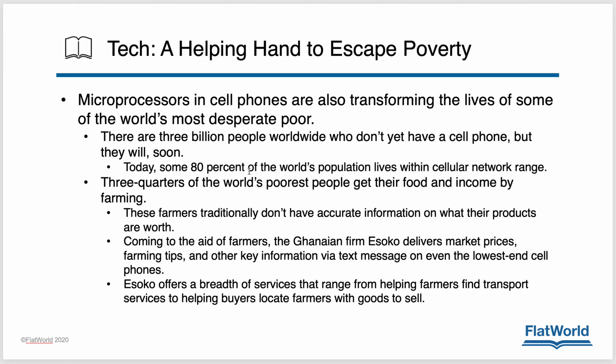Farmers traditionally don't have accurate information on what their products are worth. So like in Ghana, a Ghanaian firm, Esoko, delivers market prices, farming tips. Farmers wake up early in the morning and go farming. I remember when I was younger and I would turn the radio on, AM radio, maybe early in the morning, and I would be up before anybody else in the house and just explore the dial to see what's going on.